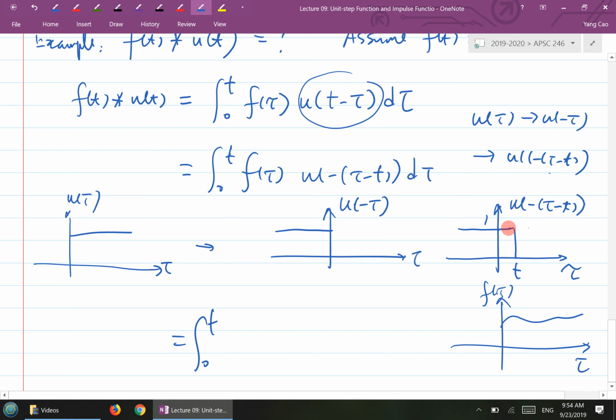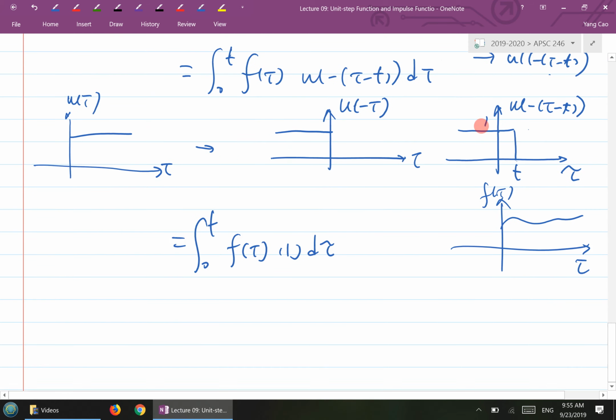And what do you multiply f of tau with? With the value of 1, right? So this function is always 1 between 0 and t. So you can replace this function with 1, right? That's what the unit step function is. So f of tau times 1, and times 1 you don't really have to write it, so it basically becomes the integral from 0 to t of f of tau d tau.